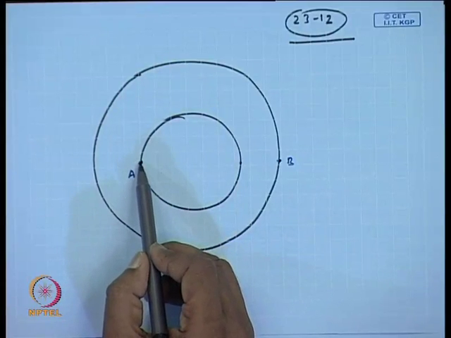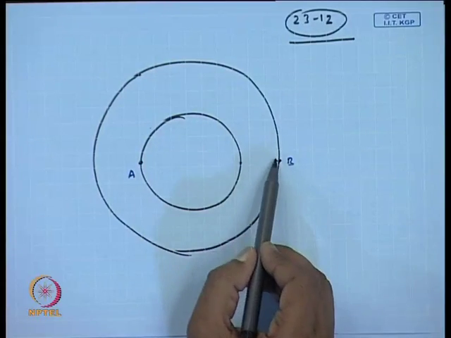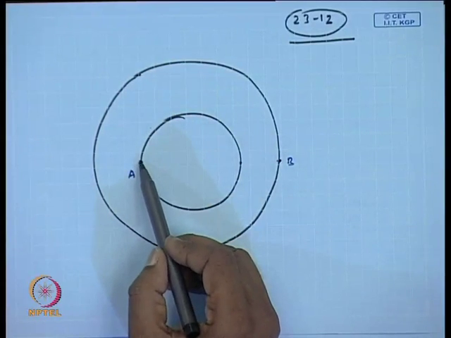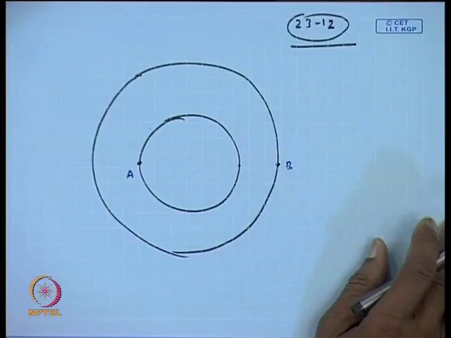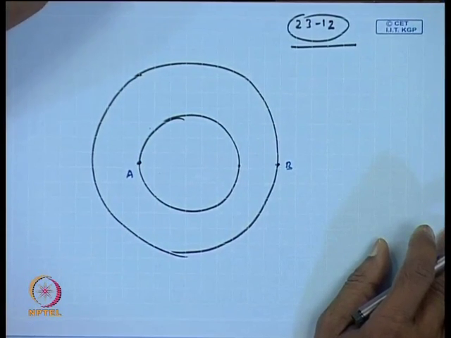So, from that point of view, we are going to spend a little less energy, but the time of transition from point A to point B will be large, and in many cases it may not be acceptable. We want that the time period should be small.